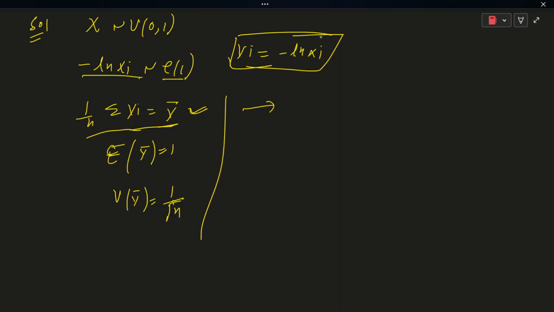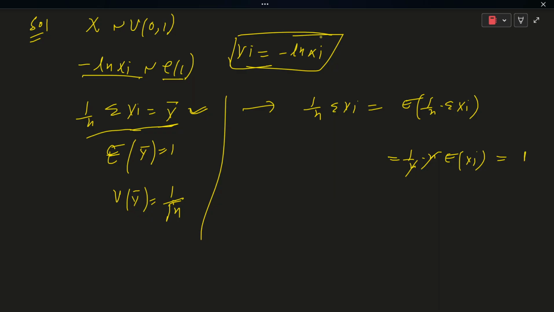If I write expectation of 1 upon n into summation yi, it is 1 upon n into n expectation of yi. This n and this n go, and expectation of yi is 1 since it is exponential 1.